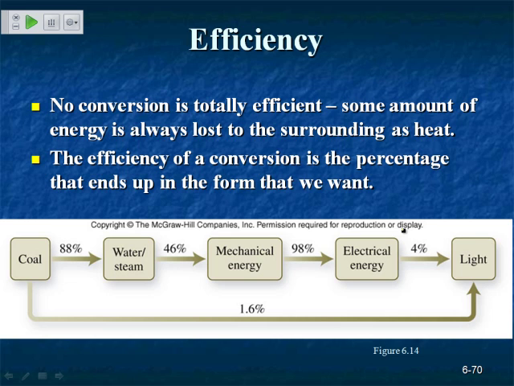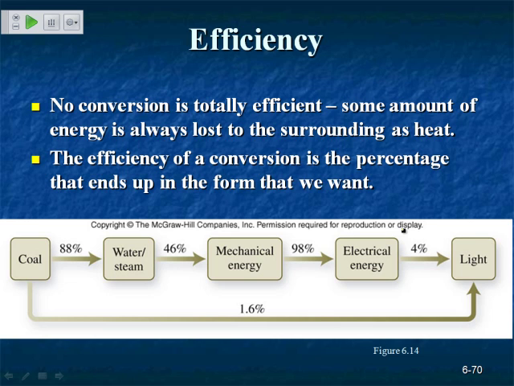If you start with the chemical energy released from coal, and the useful form you want is the light in your room, and walk through the conversions from the beginning, we will see the overall efficiency is only 1.6%. Of the energy released by coal, 1.6% will end up as light energy which you want to see. The rest is lost along the pathway of all these various conversions.